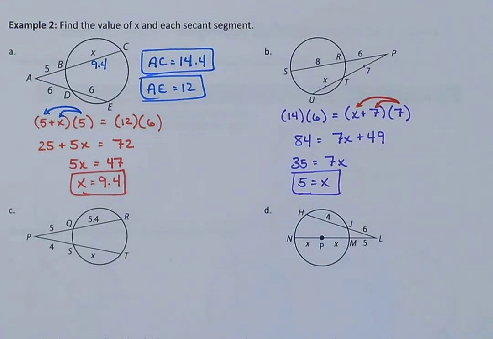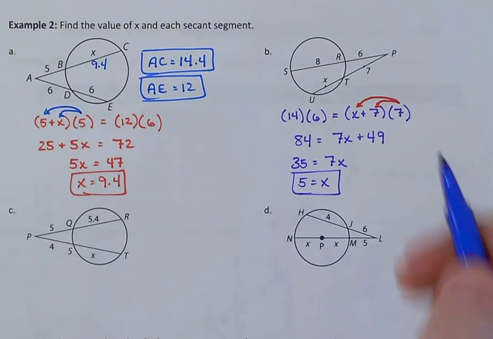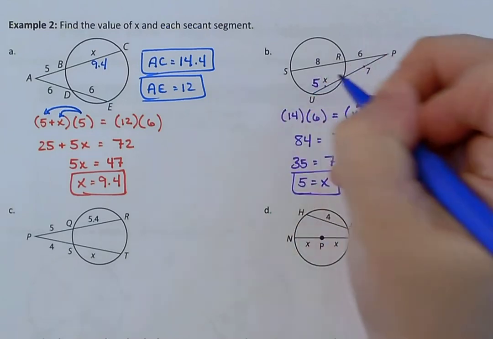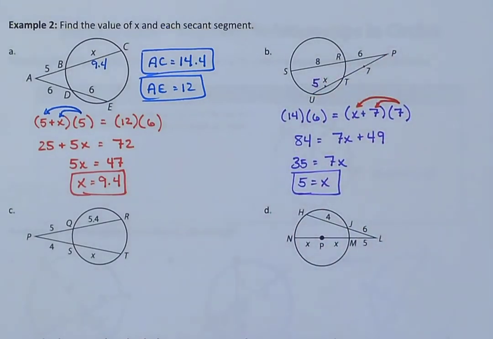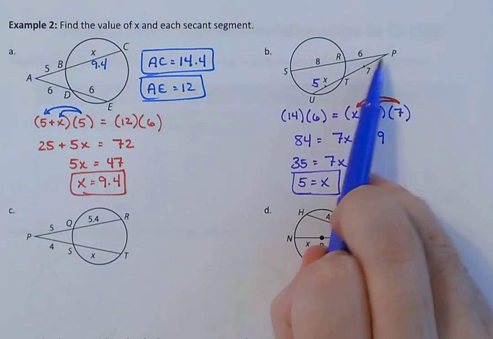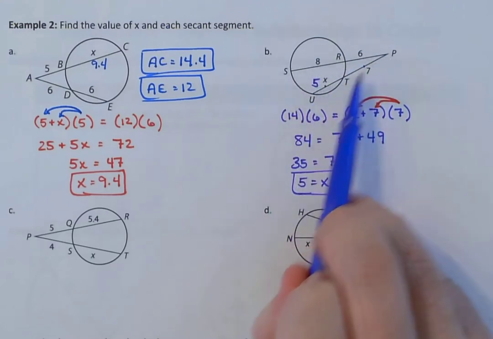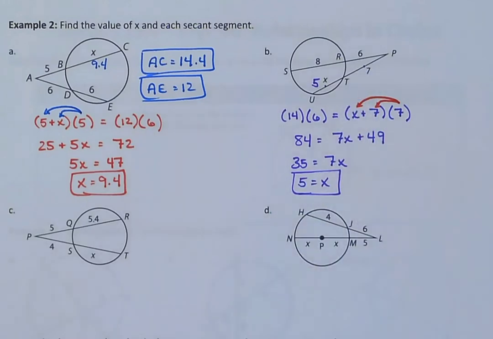So now that you know what x equals, that tells us that this part here for UT is 5. So then you can go through and tell what the secants are. SP is 8 plus 6. UP is 5 plus 7.